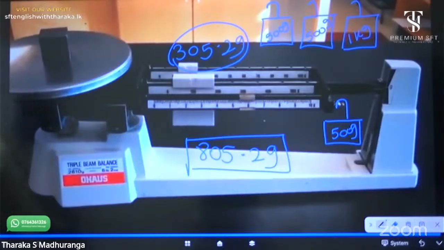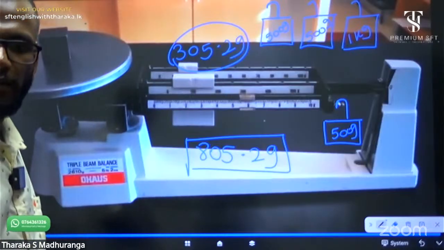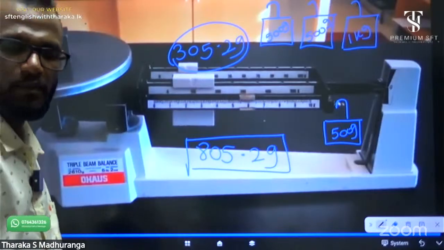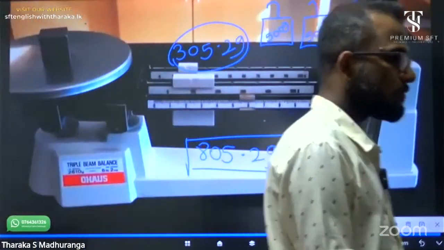Using extra bars, if you use all the extra beams, extra masses, what is the maximum reading? Okay, what's the maximum reading? Great. What's the maximum reading?